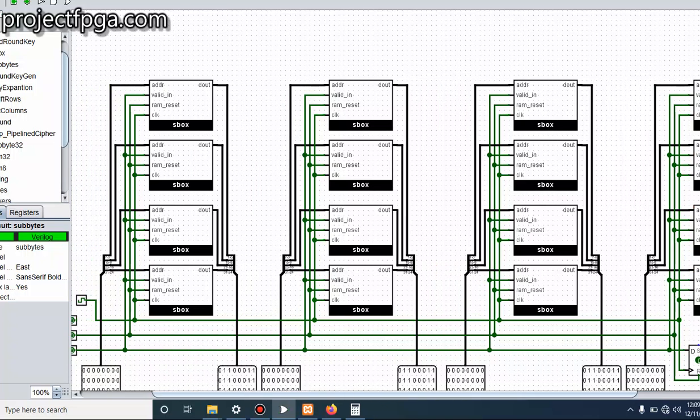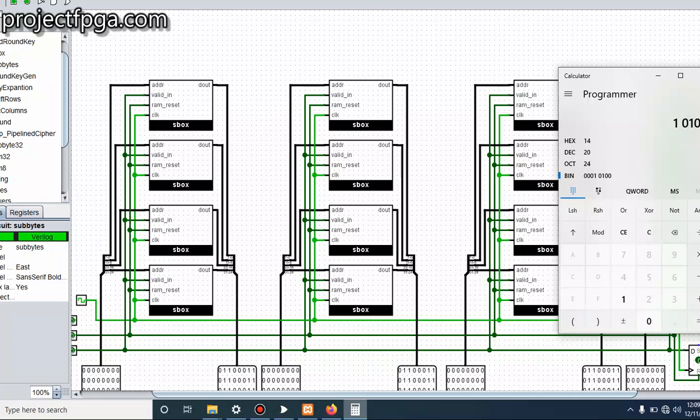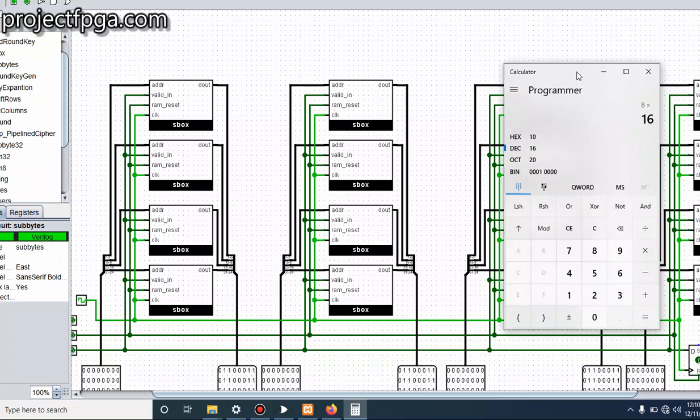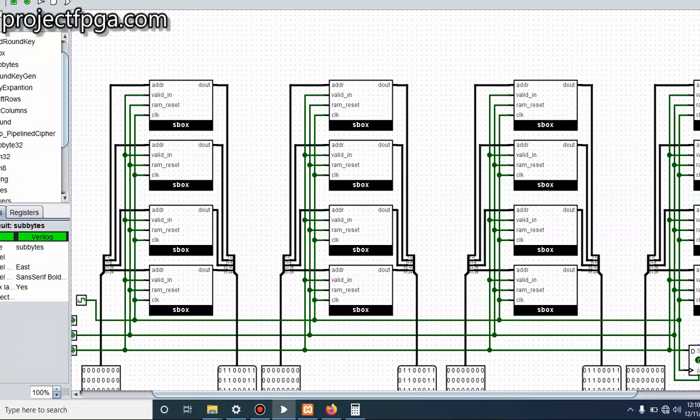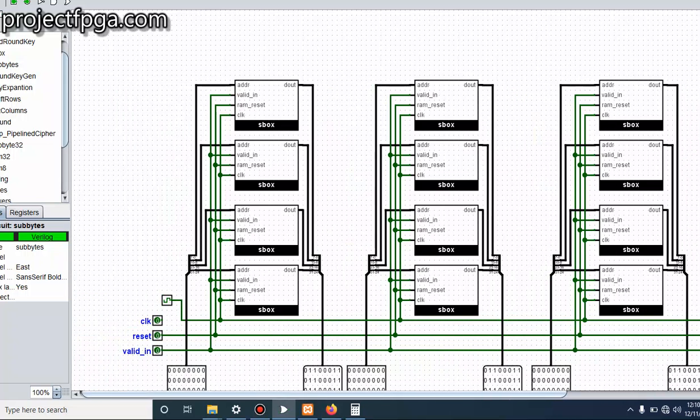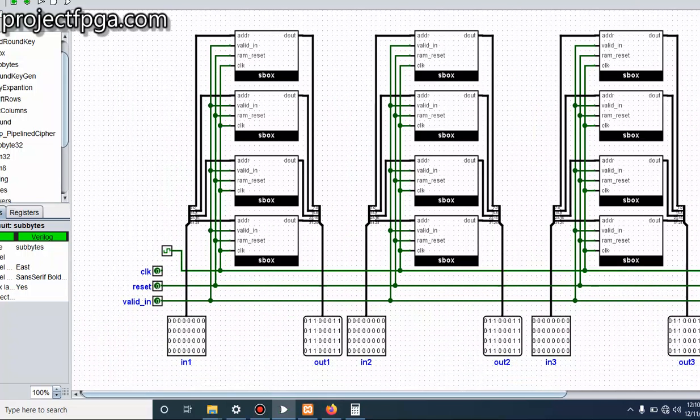Yes, that's it. Let's use this calculator and do 8 multiplied by 16. 8 times 16, which is equal to 128. So this is the 128 bit single input we are supposed to put into the S-box and get a 128 bit output.